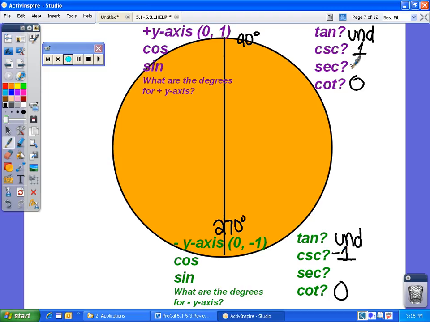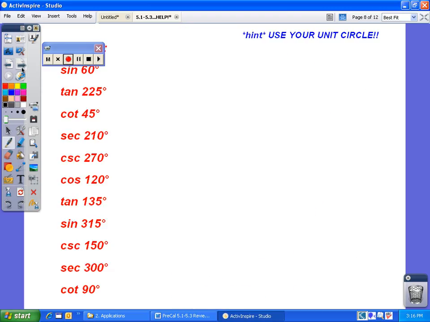And secant becomes undefined. So really pay attention to who's undefined where and when. In the positive y-axis and the negative y-axis, you notice that tangent and secant are undefined. Okay, cosine is going to be 0, sine is 1, and on the other side, cosine is 0 and sine is negative 1. Alright, one last thing, and then I'm going to be done.